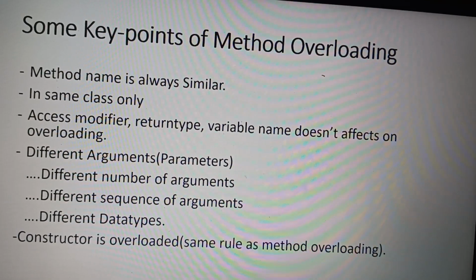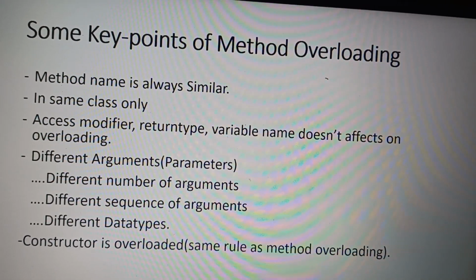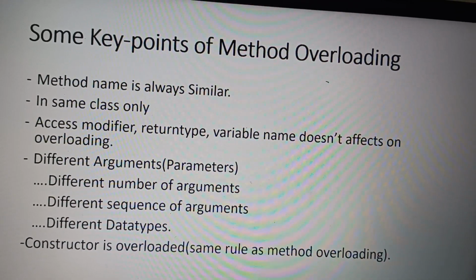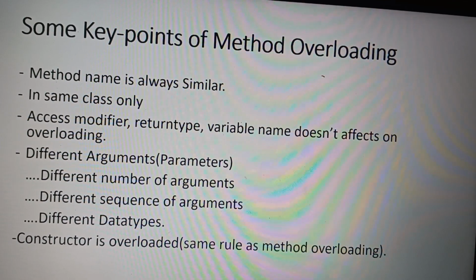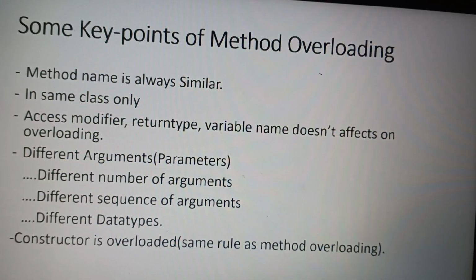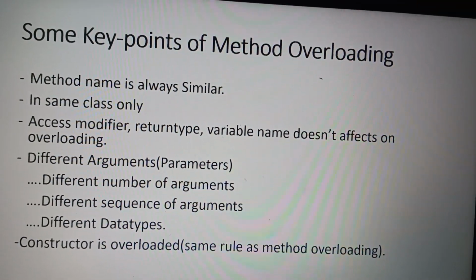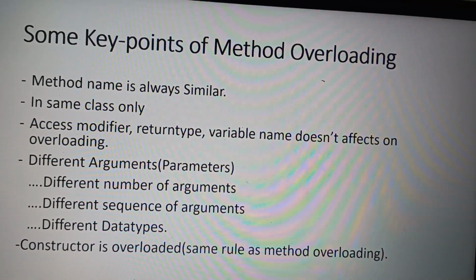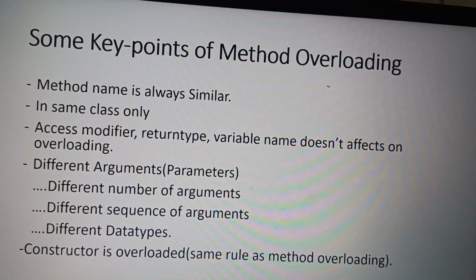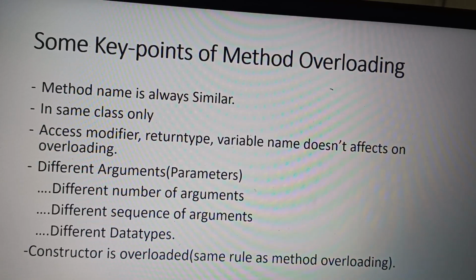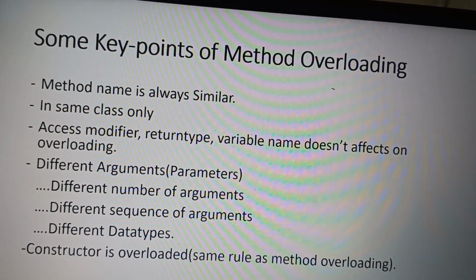Then next one is different arguments or parameters. In case of method overloading, when we declare methods with similar names, then their number of arguments are different. That is, suppose in one method we declared only one parameter, then in second method you have to consider two parameters like int a, string b, like that.